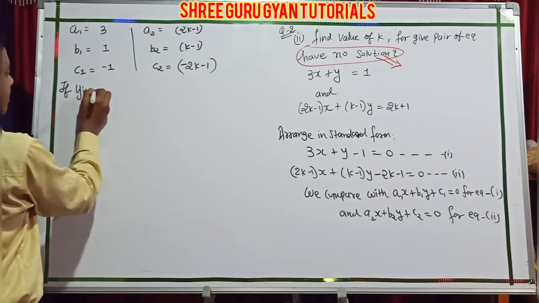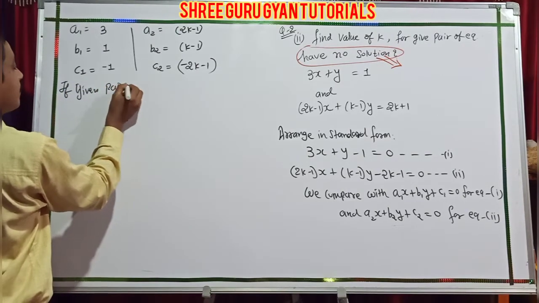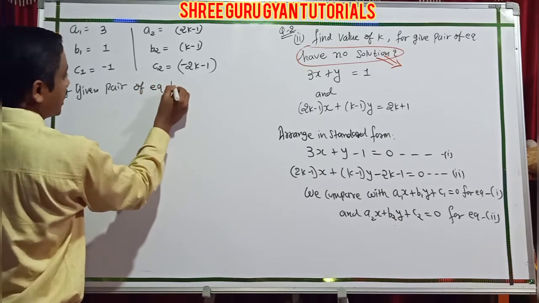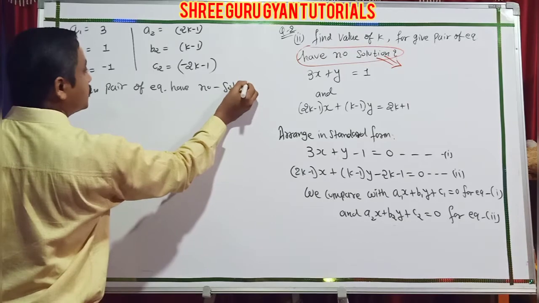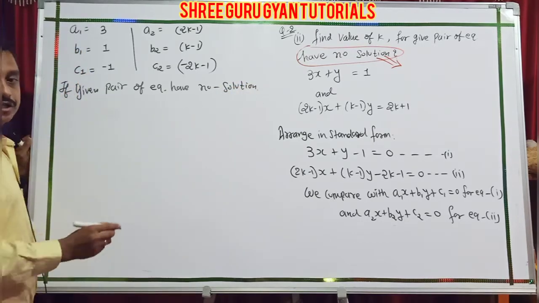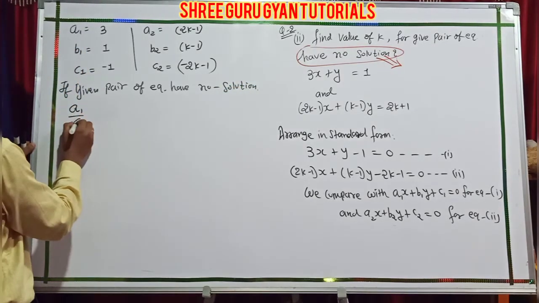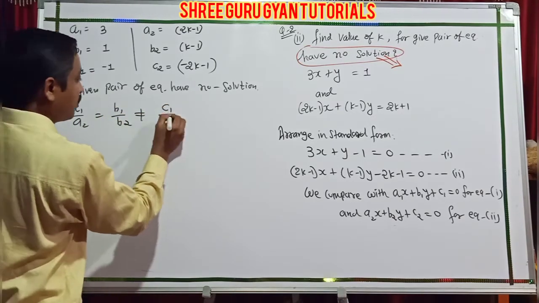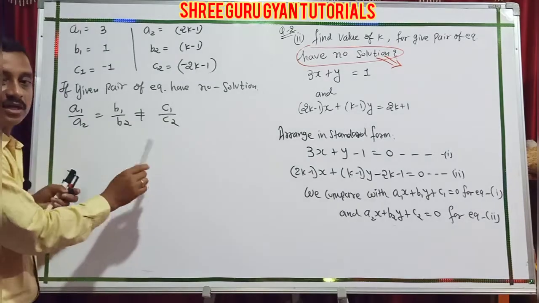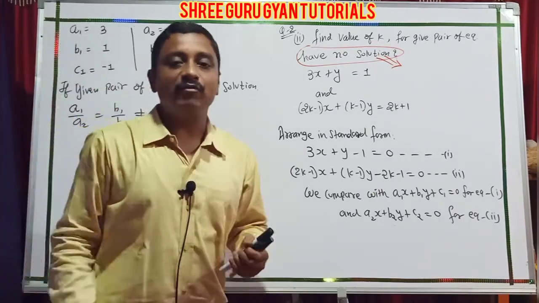Now, if the given pair of equations has no solution, students, what is the condition? A1 by A2 is equal to B1 by B2 is not equal to C1 by C2. And I just apply the values.